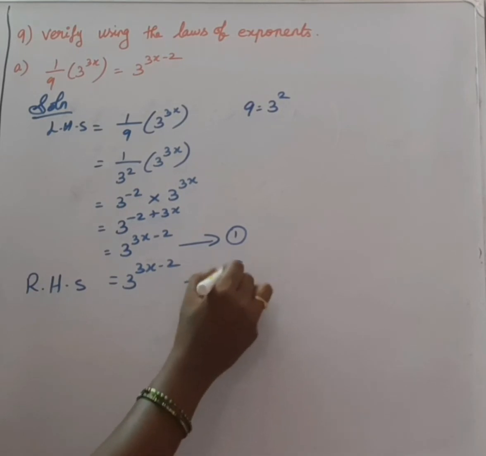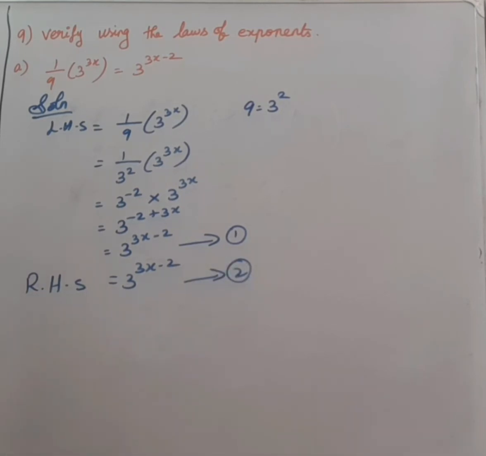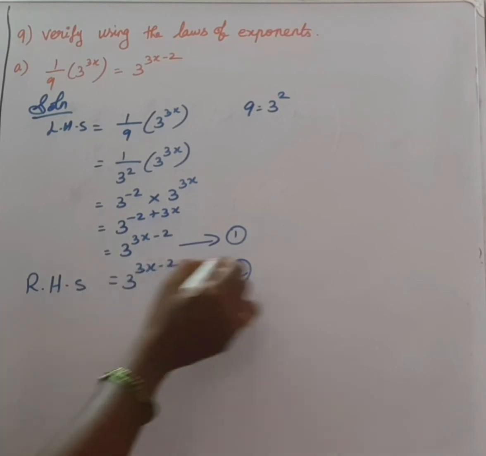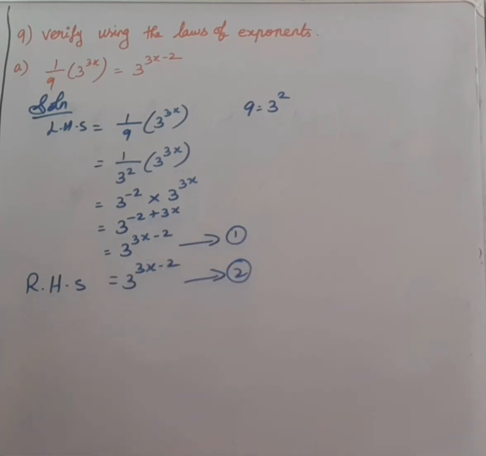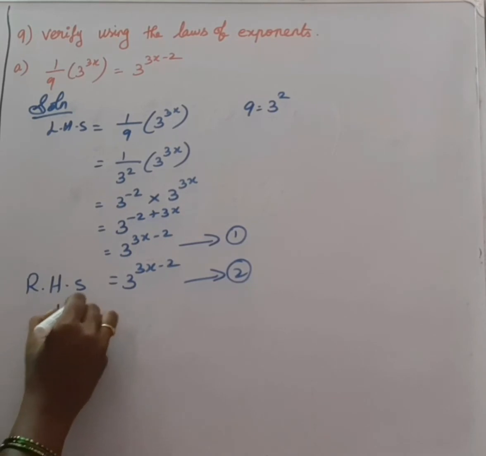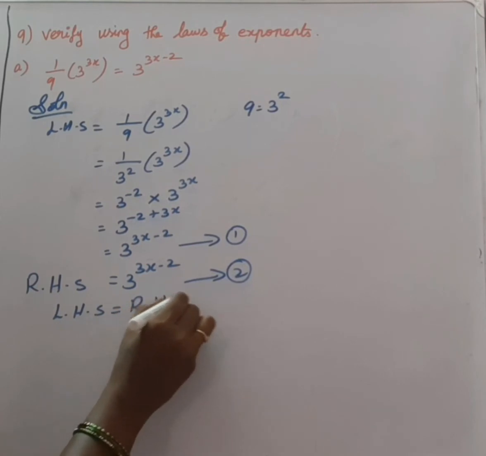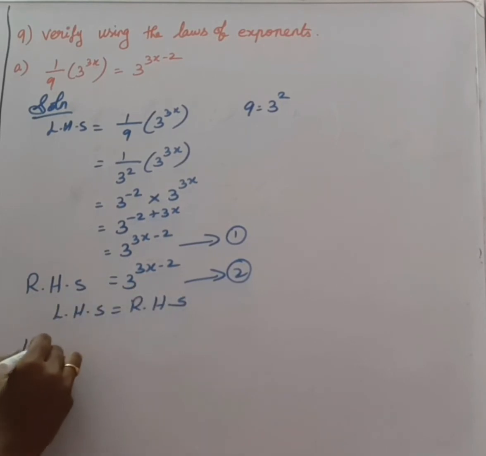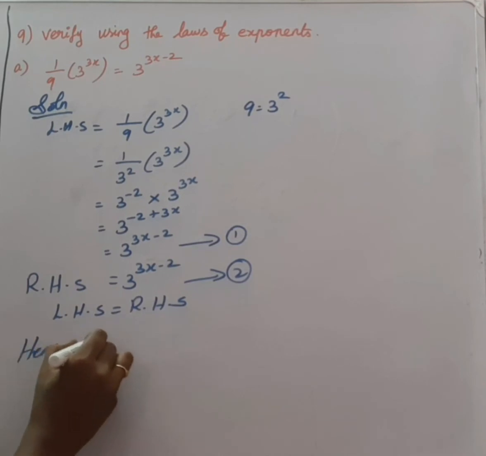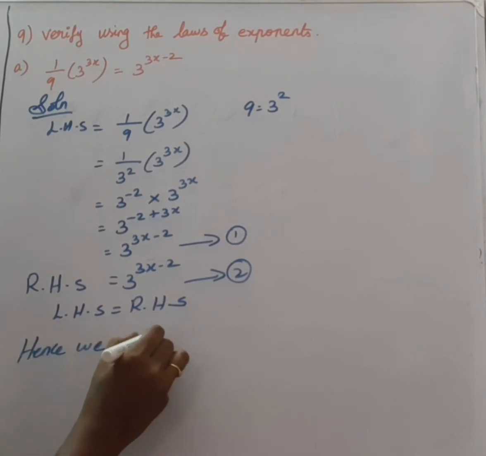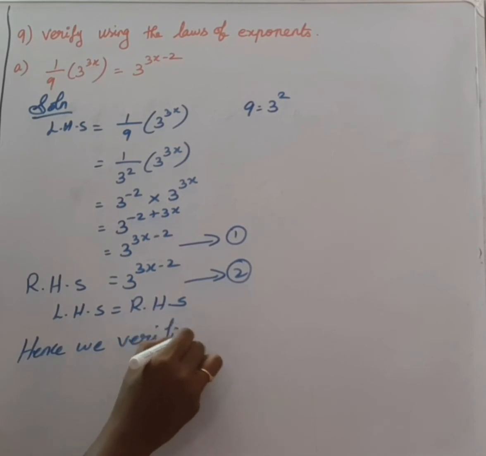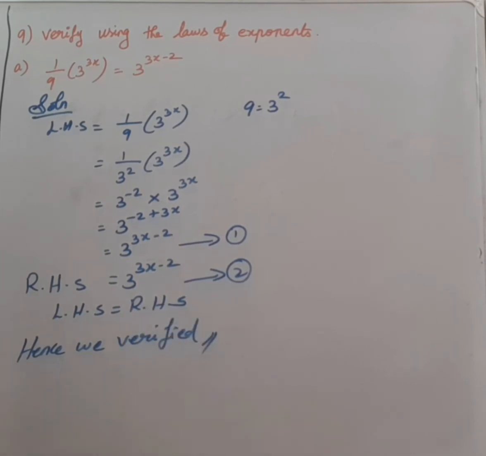So the first equation and second equation are equal. So LHS is equal to RHS. Hence we verify the law of exponents for this sum.